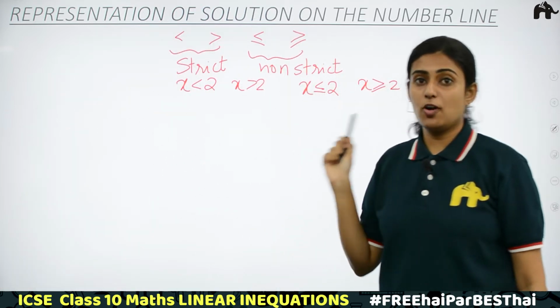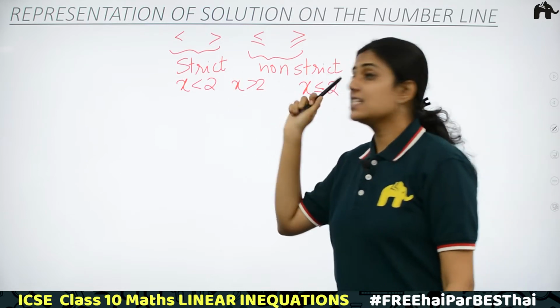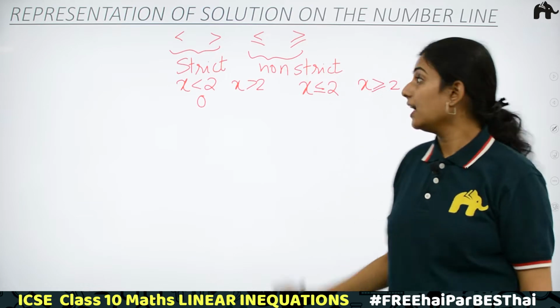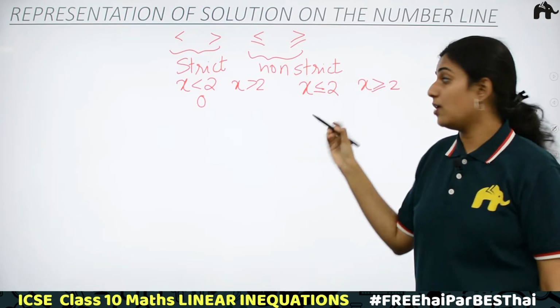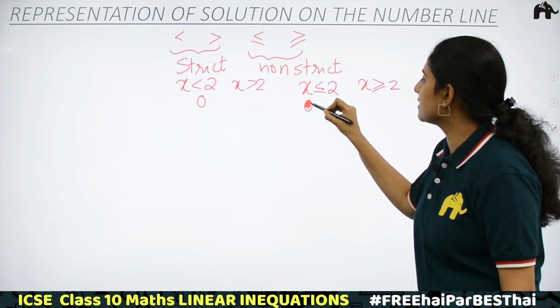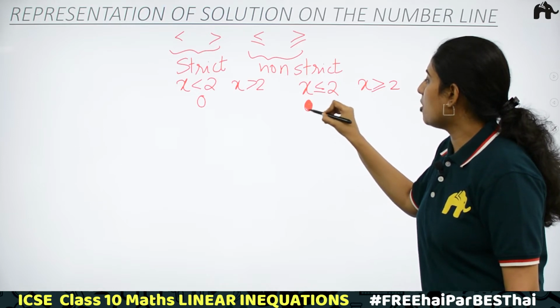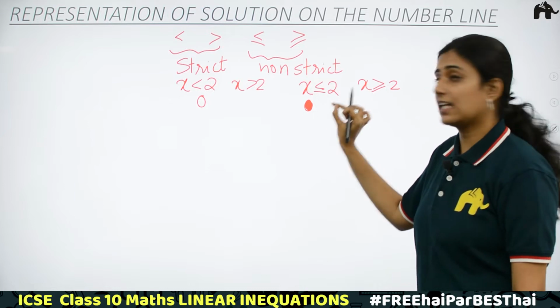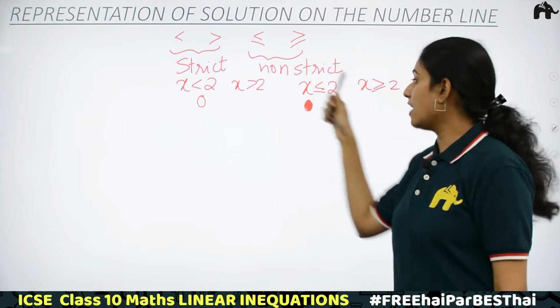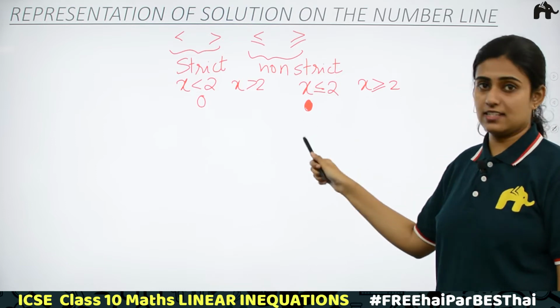To represent them on a number line, to represent strict inequalities, we will be using hollow circles. And to represent non-strict inequalities, we will use darkened circle. This is how we represent the darkened circle. When the point is included, we have to darken the circle. For strict inequalities, we will be using the hollow circle, and for non-strict inequalities, the darkened circle.